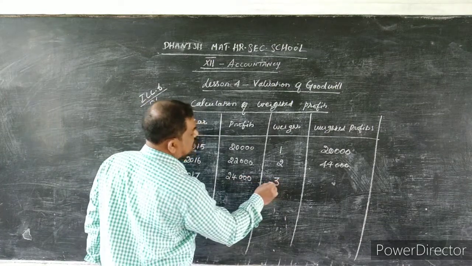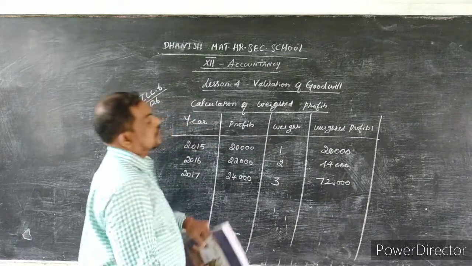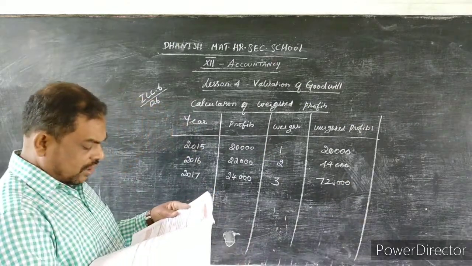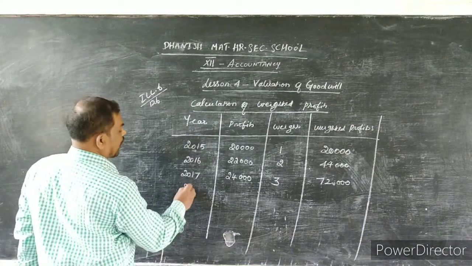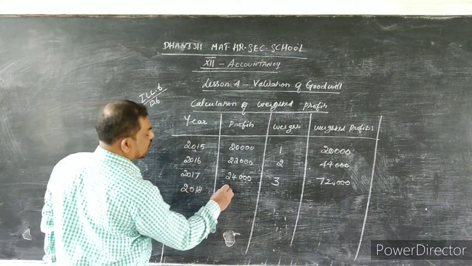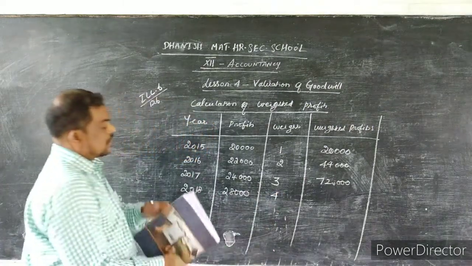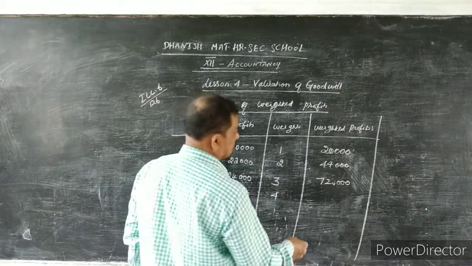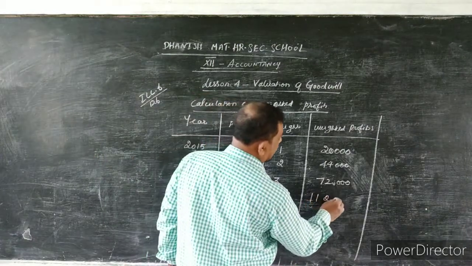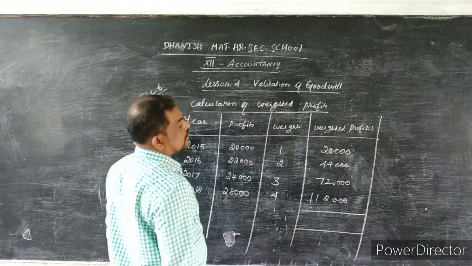Weight is 3. So 72,000. Next, the profit for 2018 is 28,000. Weight is 4. So 28,000 into 4, 1,12,000. Now we have to add this total.